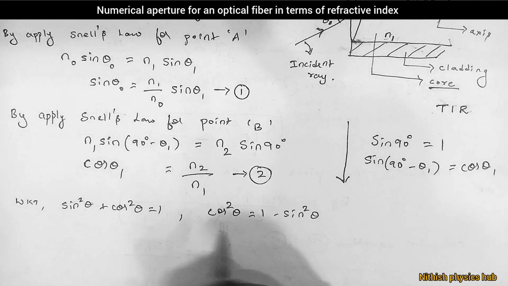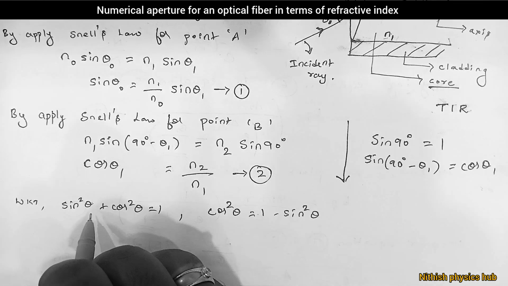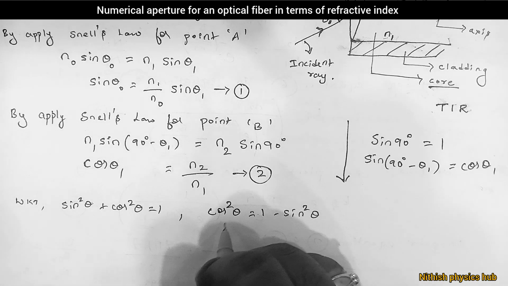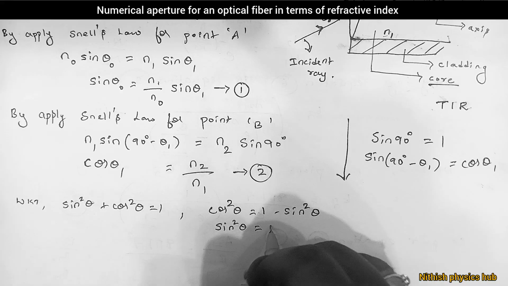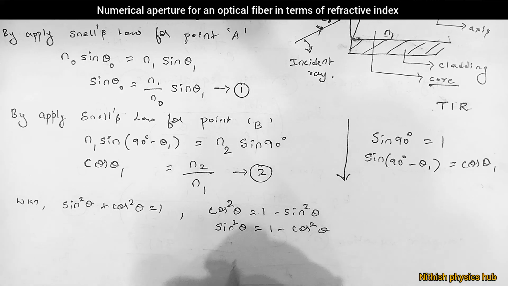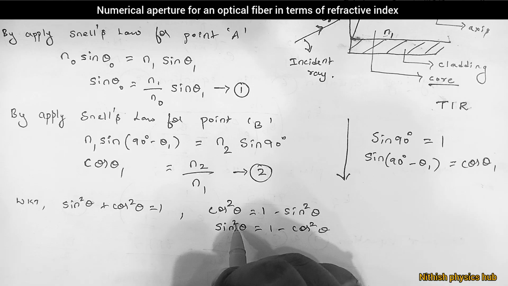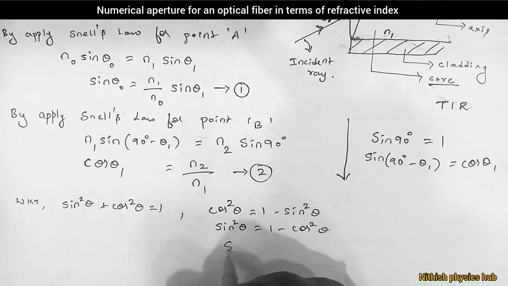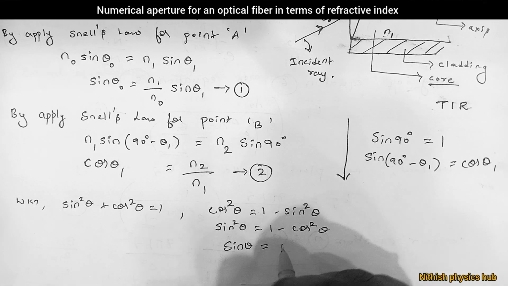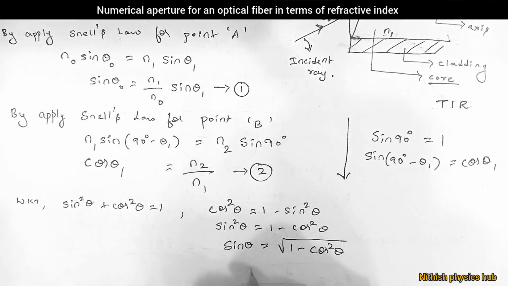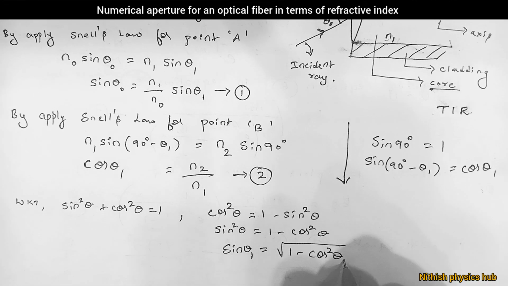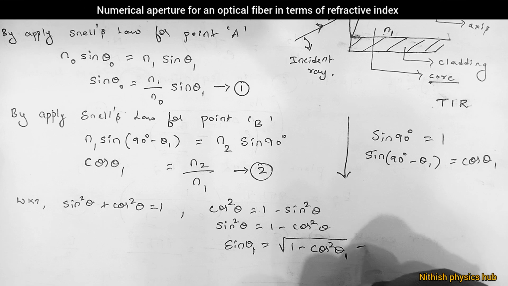I want this value in sine terms, so I will rearrange it as sine square theta is equal to 1 minus cos square theta, and I don't want this square. So sine theta is equal to the square root of 1 minus cos square theta. Since my equation has theta 1, I will replace it as sine theta 1 and cos theta 1. Take it as equation number 3.